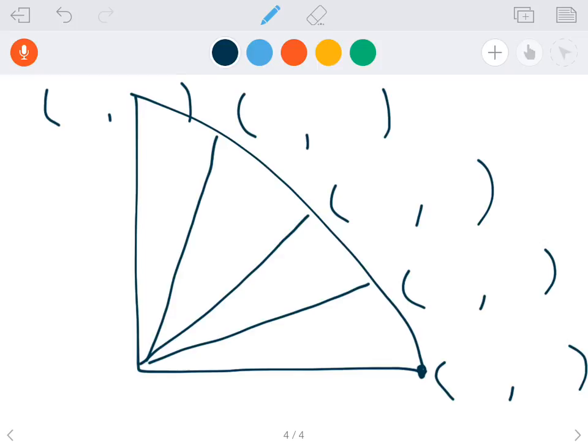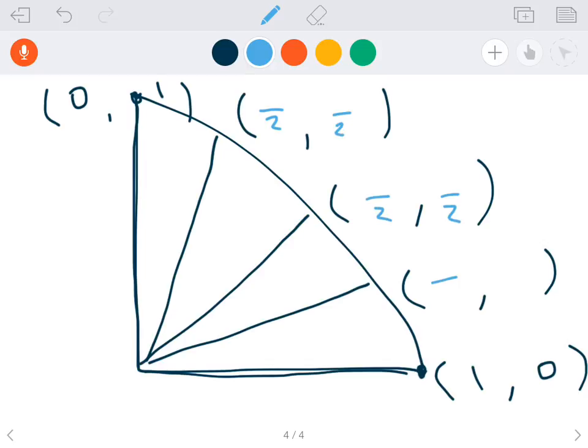The ones on the axis are fairly easy. I know my x-coordinate here is 1, my y-coordinate is 0, so the opposite's true over here. My x-coordinate is 0, my y-coordinate is 1. That's not so bad. Now in the middle here, everything's going to be over 2, and everything is going to be a square root.